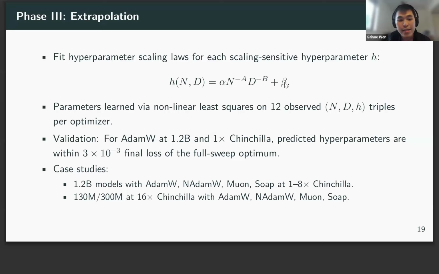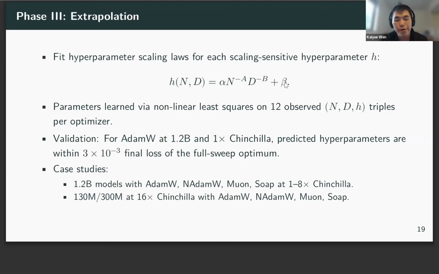To validate that the hyperparameter scaling laws are giving us roughly correct hyperparameters, we do the same hyperparameter sweeping for AdamW on the 1.2B model and 1x Chinchilla, and we validate that the predicted hyperparameters are within 3e-3 final loss of the full sweep optimum. It may not be the optimum of all possible hyperparameters, because there's no way to tell.